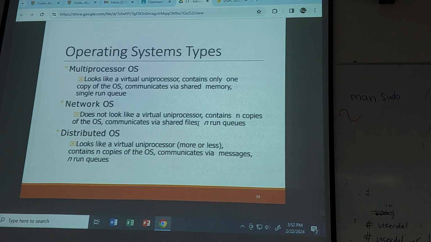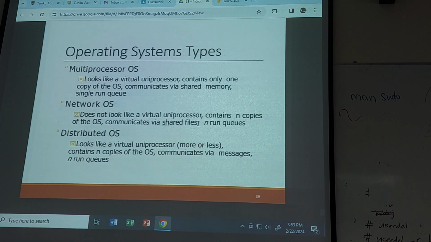Now this multiprocessor actually runs in a distributed system, but it is transparent to the developer or the user, like you are looking at a virtual uniprocessor. In fact, your cloud service looks like this. For example, if you buy a cloud service from Amazon, it's actually a multiprocessor.